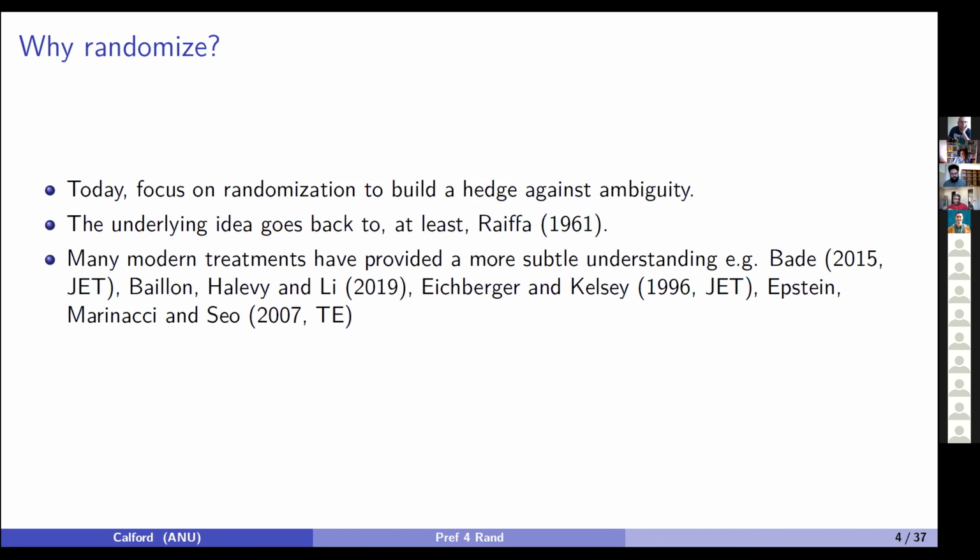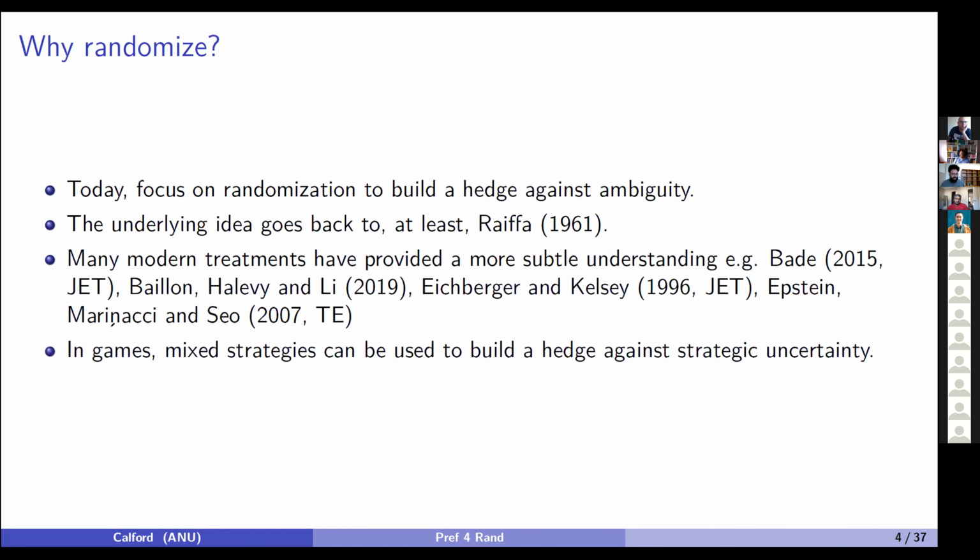And effectively, you're converting ambiguity to risk by conditioning on the toss of the coin. And so by doing this in a game, you can use a mixed strategy to build a hedge against strategic uncertainty, against the uncertainty you face about the behavior of your opponent.